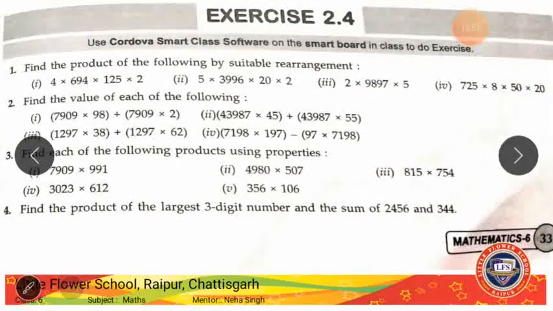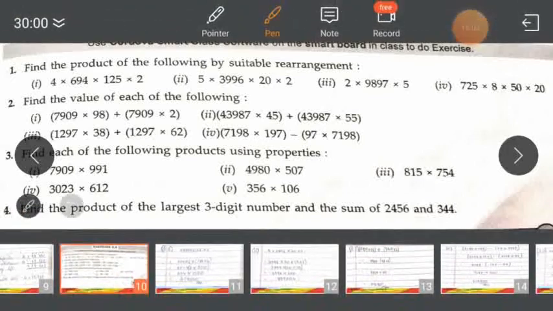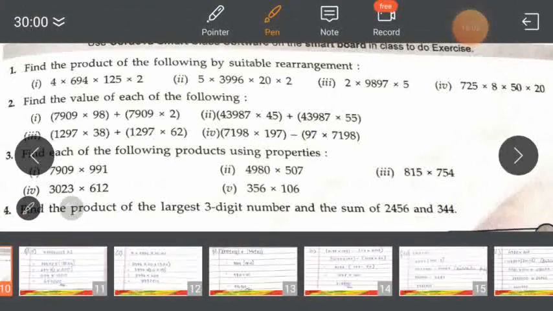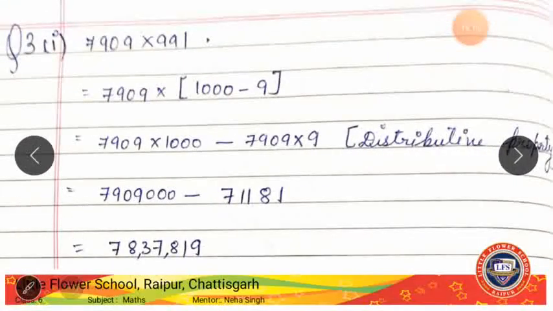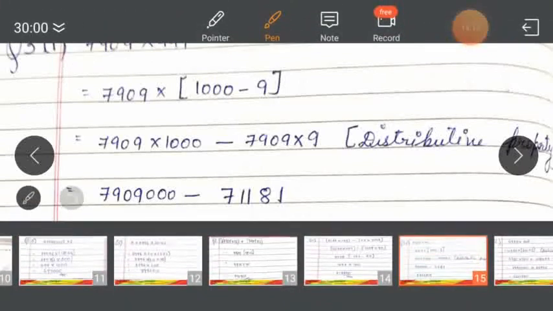Moving on to the third question. Find each of the following products using properties. Okay, so you need to find the products. Let us see which property we can use in this question. 7909 into 991, right?